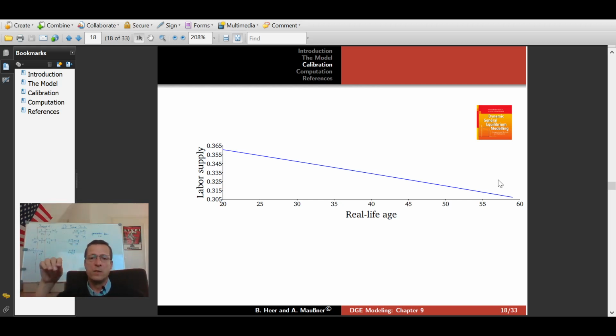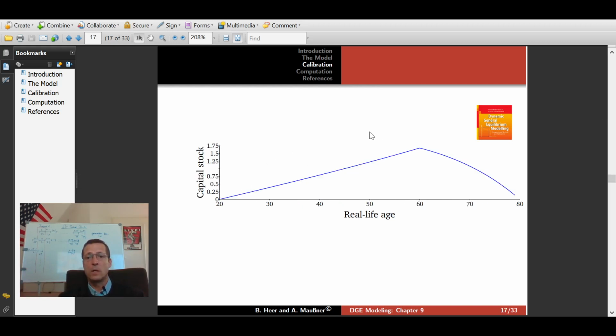Now, if you impose this productivity in the Auerbach-Kotlikoff model, then you find that the labor supply age profile is also hump-shaped and in good accordance with empirical observations, and that our capital stock also peaks prior to period 60, because people accumulate high savings when they're highly productive at age 40, 50, and when the productivity goes down at age 60, 65, 70, they receive lower labor income, and then they already start to decumulate savings at the late working age.